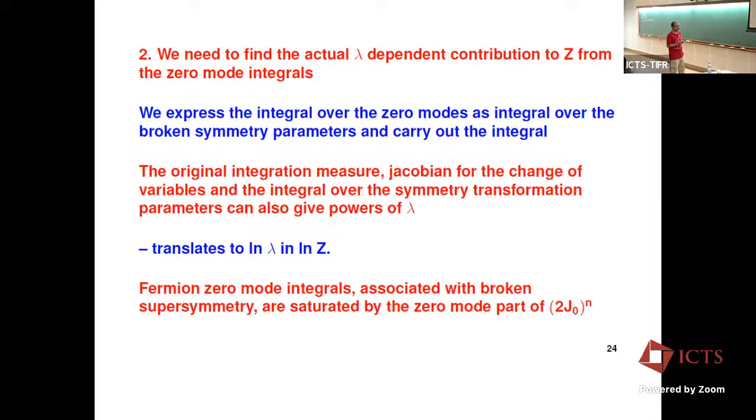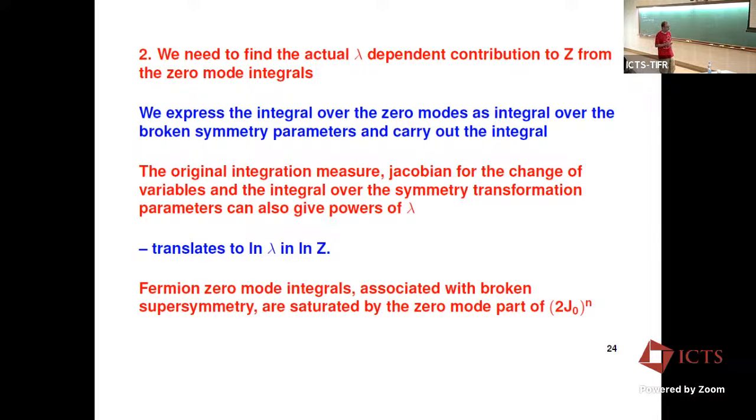The Jacobian for the change of variables from the zero modes to the symmetry parameters may have lambda dependence. And finally, the integral over the symmetry transformation parameters can also have lambda dependence. So this translates to some log lambda factor in log z. The analysis is straightforward, but you have to analyze each zero mode separately and carry out the analysis.